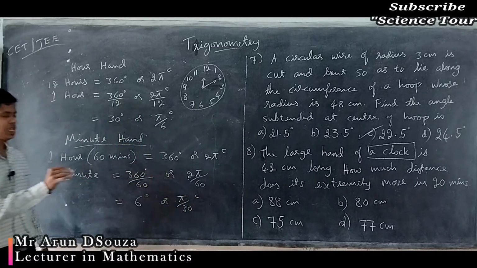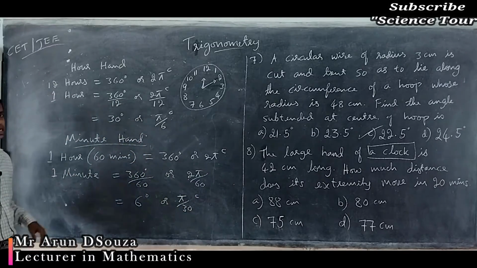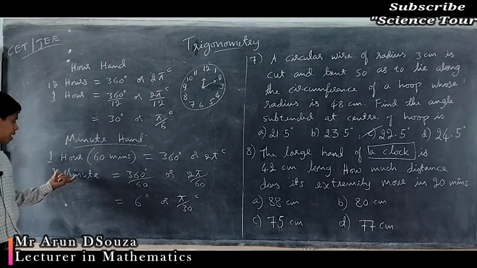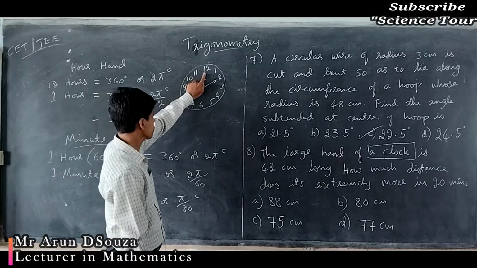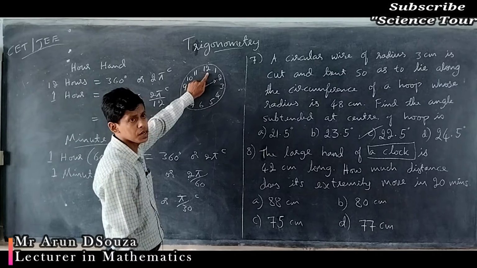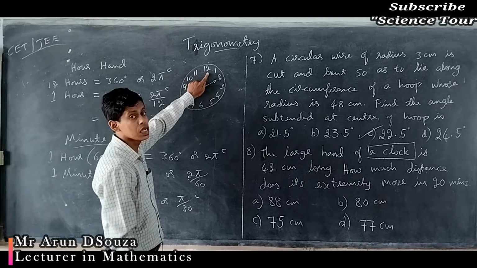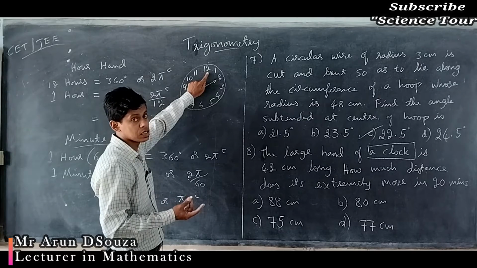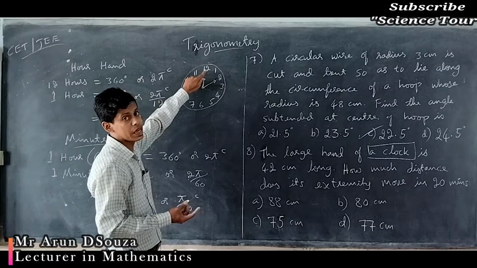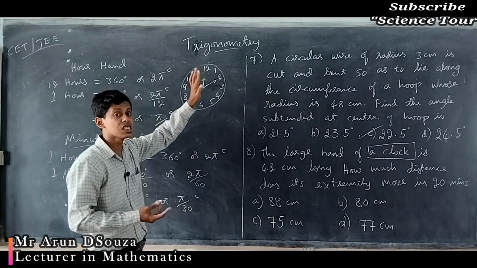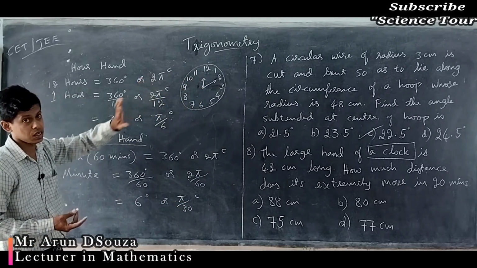All right, so pi by 30 radian or 6 degrees is the angle made by the minute hand in 1 minute. So from here, if it is moving 1 minute, it will be 6 degrees. If it is moving 60 minutes, then it will be 6 into 60, 360 degrees, full circle.